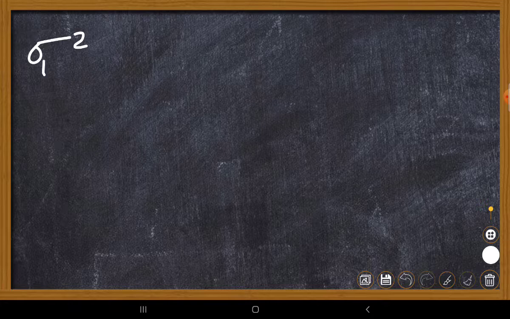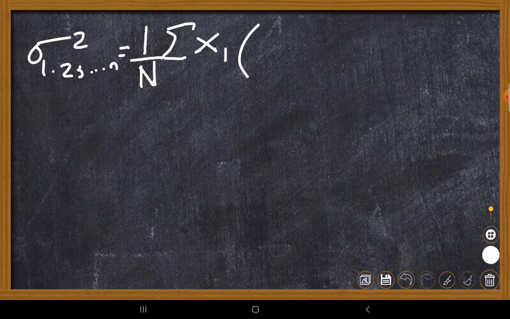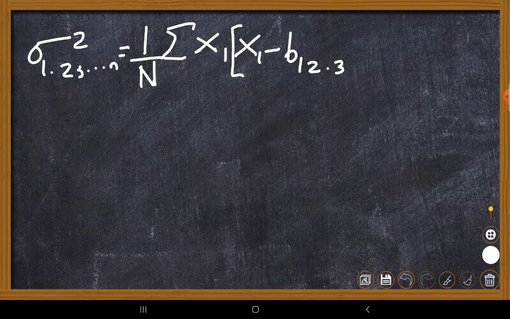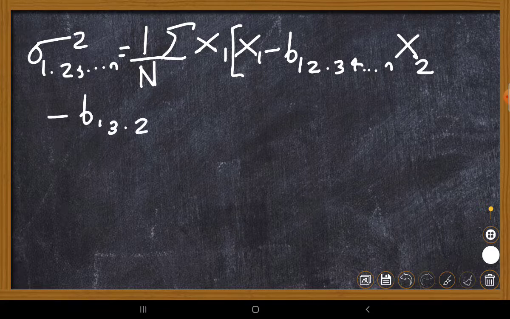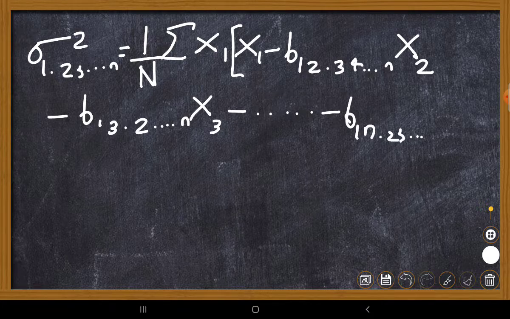What will you get? Our sigma square 1.23 up to n will be 1 by capital N summation x1 into x1 minus b12.34 up to n x2, then minus b13.2 up to n x3, and so on, minus b1n.23 up to n minus 1 xn.